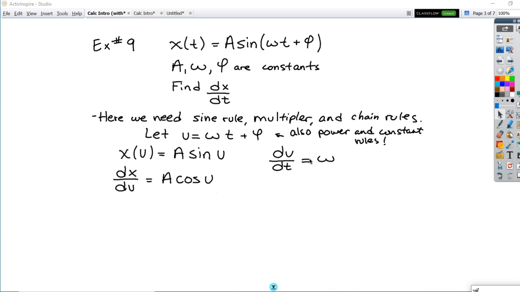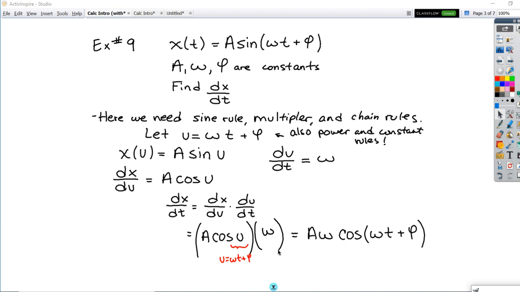Chain rule says we have to multiply these two things together, dx by du times du by dt. But we remember that u is actually omega t plus phi. And so we get the a from here times the omega from here, cosine of omega t plus phi. That's the derivative.